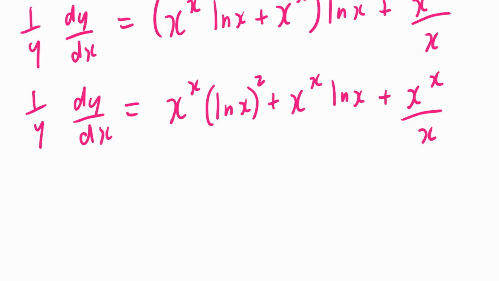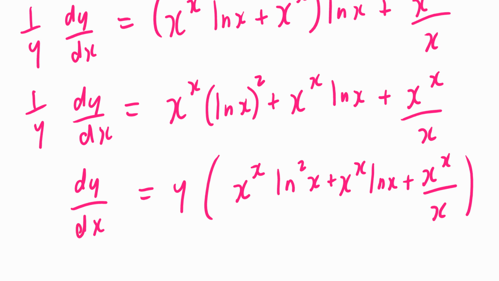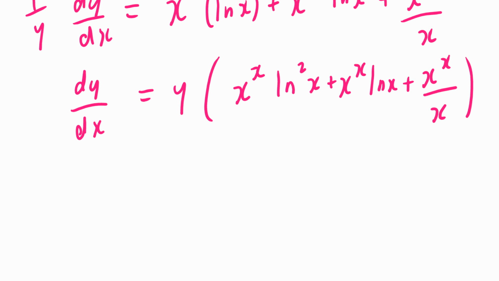Now, I'm going to bring y to the other side. The opposite of dividing by y is to multiply by y. I'm going to copy all this for now. So ln x squared could be written like this as well, plus x to the x ln x plus x to the x divided by x. Now, your goal is to express dy by dx in terms of x. y is equal to x to the power of x to the power of x.